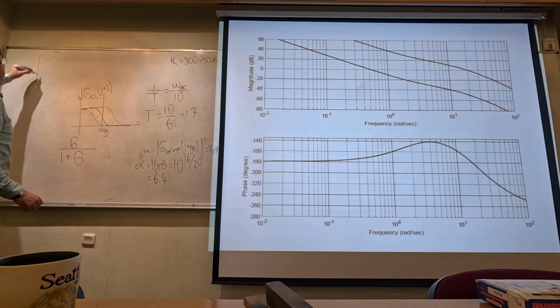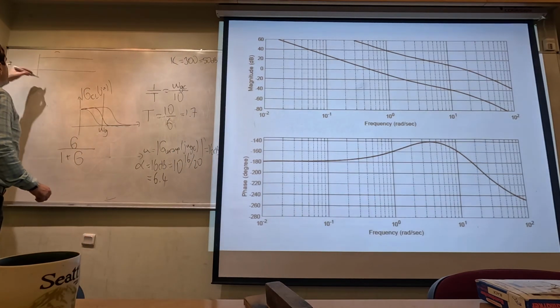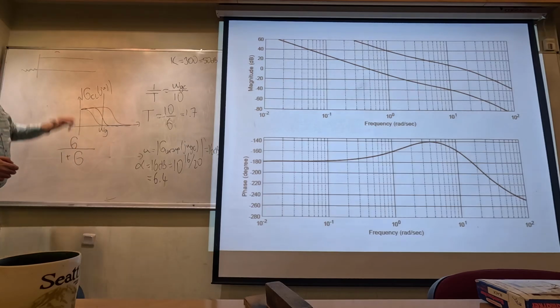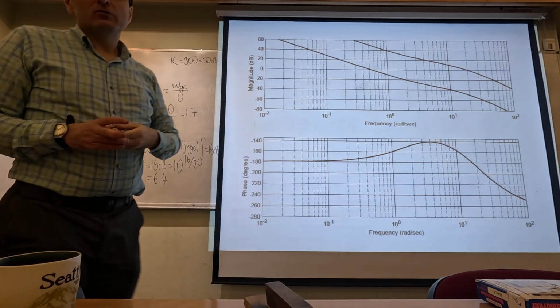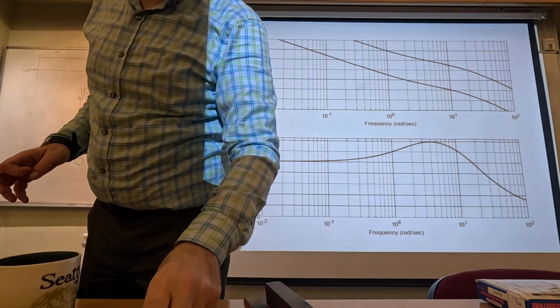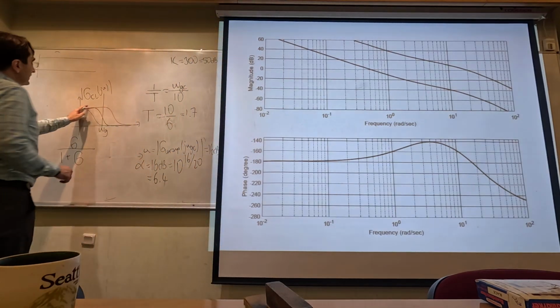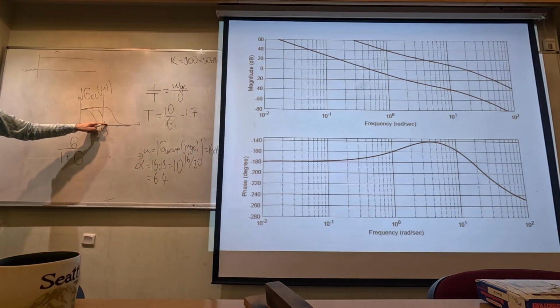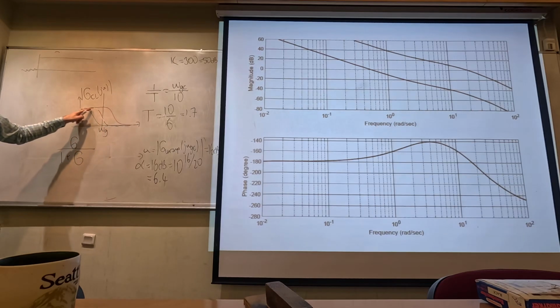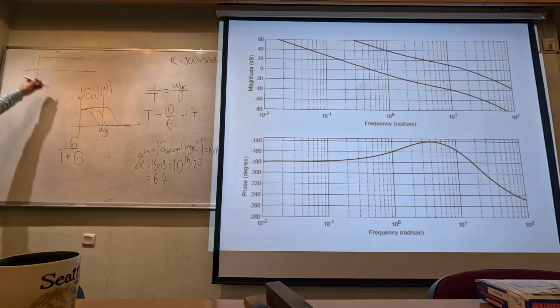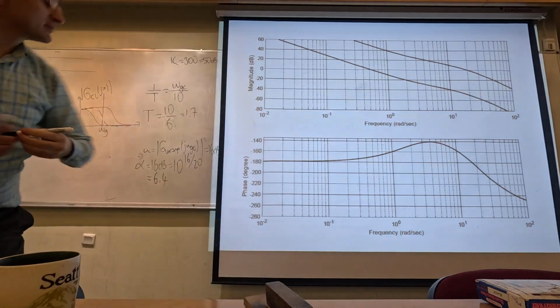So if you give a step input to a low pass filter, what type of response would you expect? If you give it to a system like this, it's a low pass filter with a frequency response like this. Suppose that you obtain something like this. Okay?